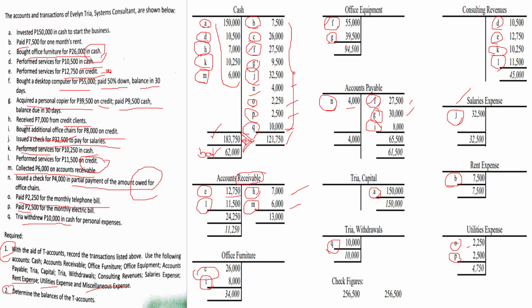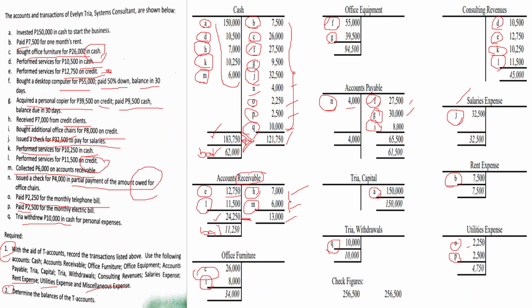Okay, so let's proceed to accounts receivable. The same thing, we add all these two debits. We get 24,250 as total. We add the two credits, we get 13,000 as total. We get the difference between the debit and the credit, and it's 11,250. That's our ending balance.